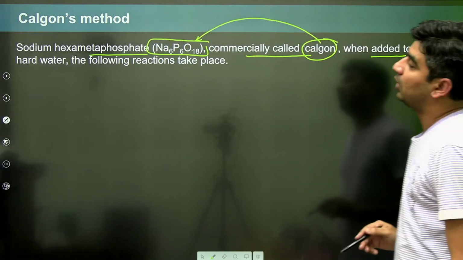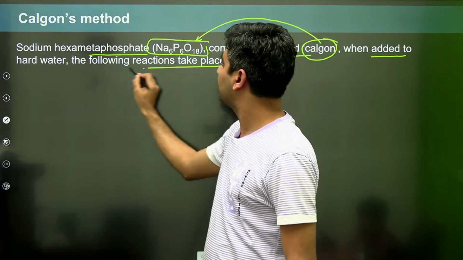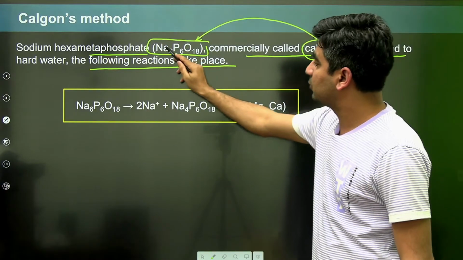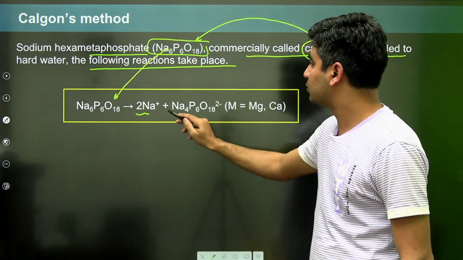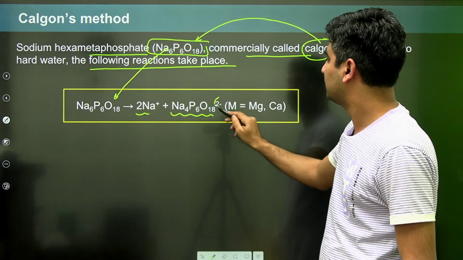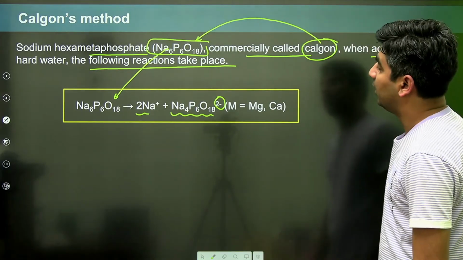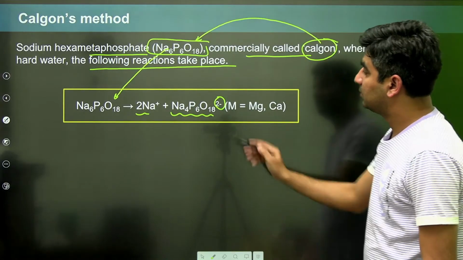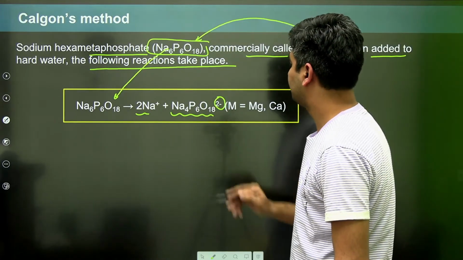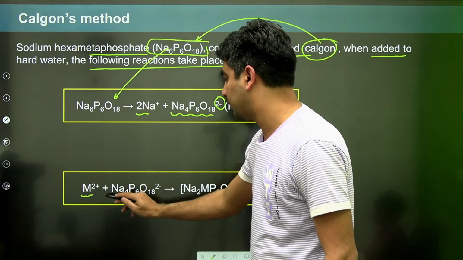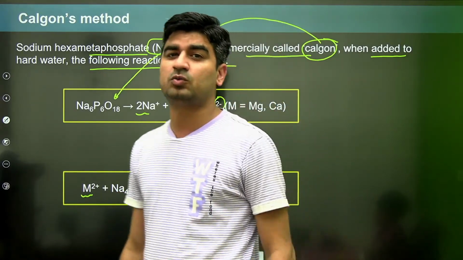When I add it to hard water, the following reaction takes place. When you are adding this Calgon into the water, it will dissociate and will give you this, right? It will give you this. After this, what will happen? This Na is soluble. After this, M2+, this M2+ can be Ca2+ or Mg2+.